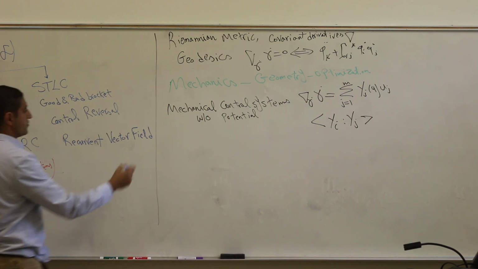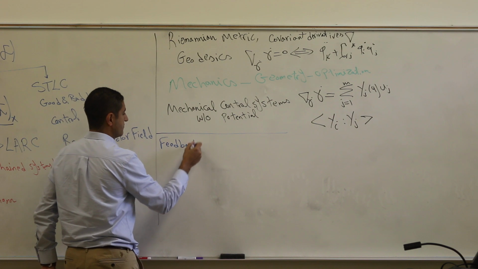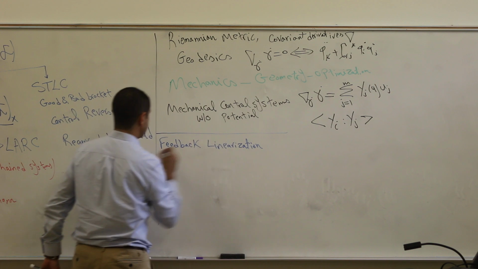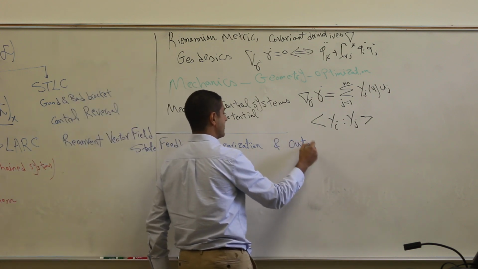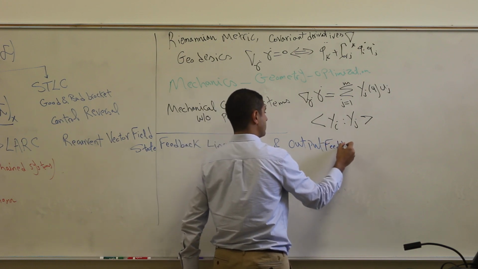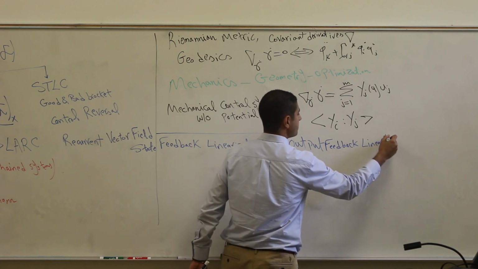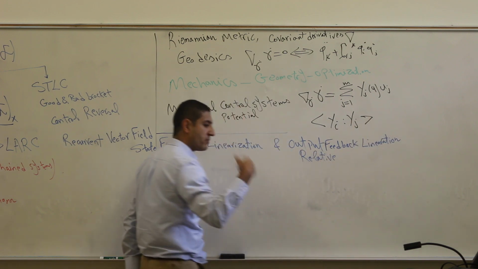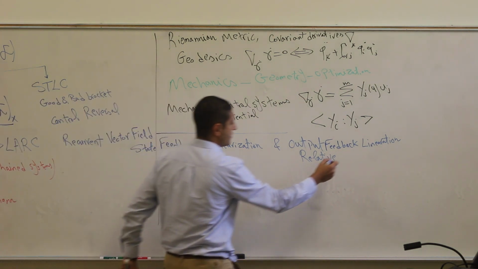Then what else? We talked about feedback linearization. State feedback linearization, so you linearize the entire system, and output feedback linearization, so just part of the system. So this is related to the relative degree concept, how we extend it from linear, the difference between numerator and denominator degrees, to nonlinear relative degree.